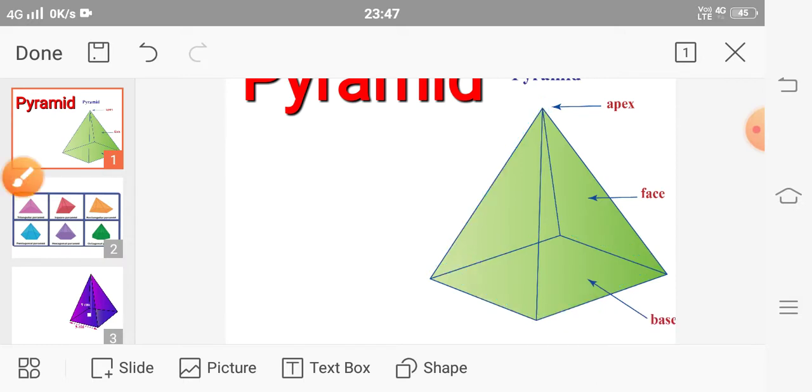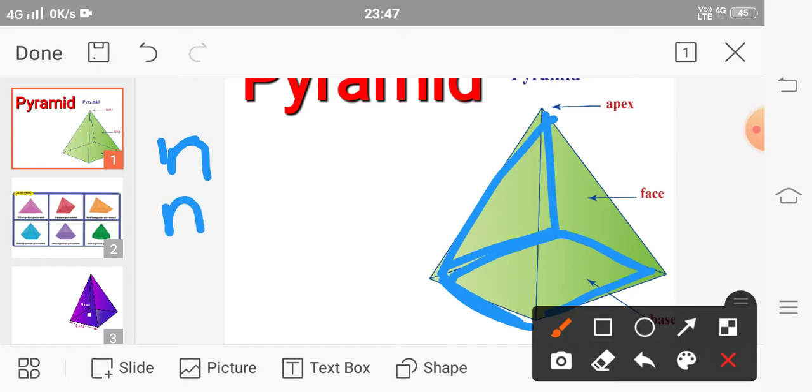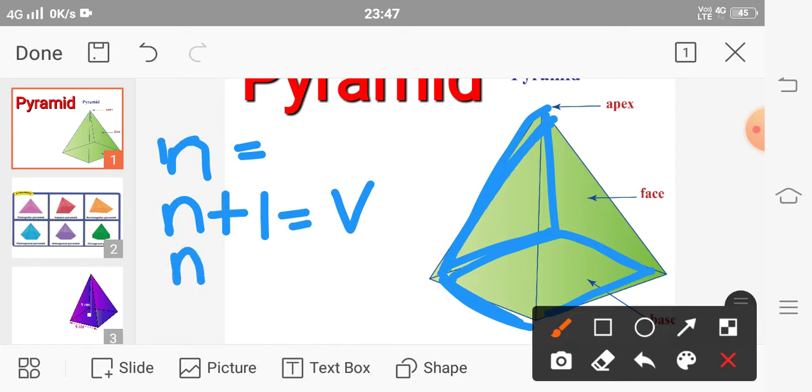So if the number of sides in a base is considered n, then the number of vertices is equal to n plus 1, and the number of faces is equal to n plus 1. Number of edges are equal to 2n.